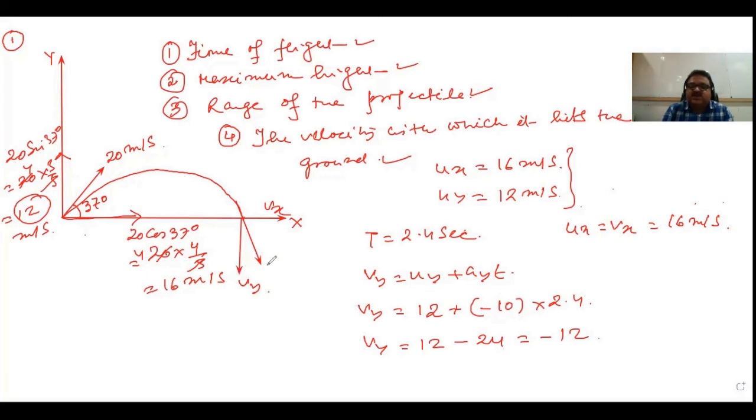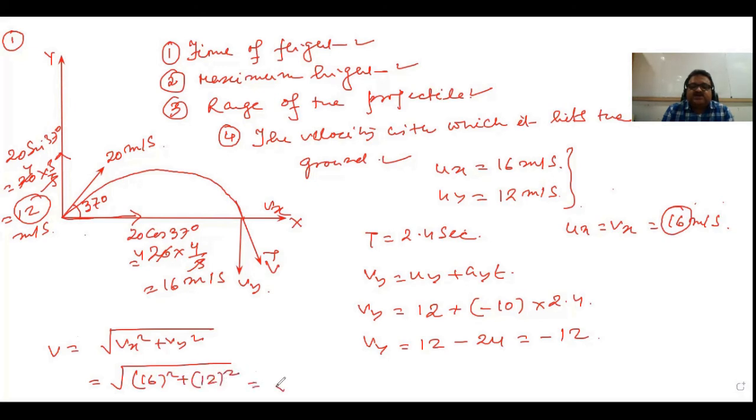So what is the resultant velocity V? V is equal to root over of Vx square plus Vy square. What is Vx square? Vx equal to 16, that is 16 square plus 12 square. 16 square is 256, I think. 16 square is 256.